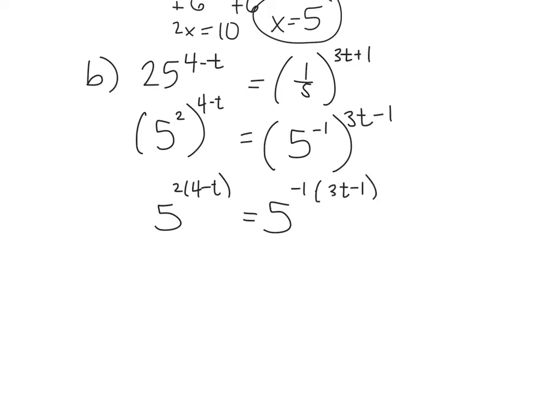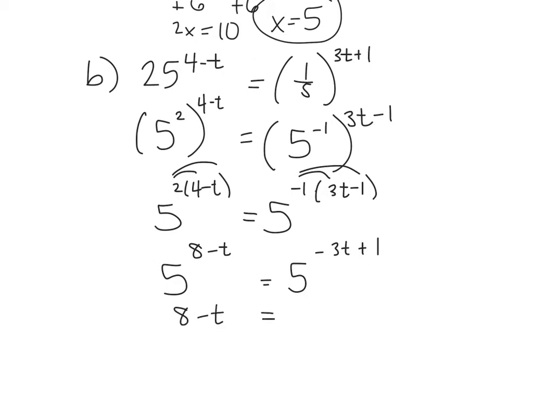Okay, and the reason I rewrote this little extra step is just so you know that we do have to distribute our coefficient to both pieces. So I have 5 to the 8 minus 2t equals 5 to the negative 3t plus 1. So now that I have 5 raised to something equals 5 raised to something, now I can set their exponents equal to each other using that one-to-one property and solve.